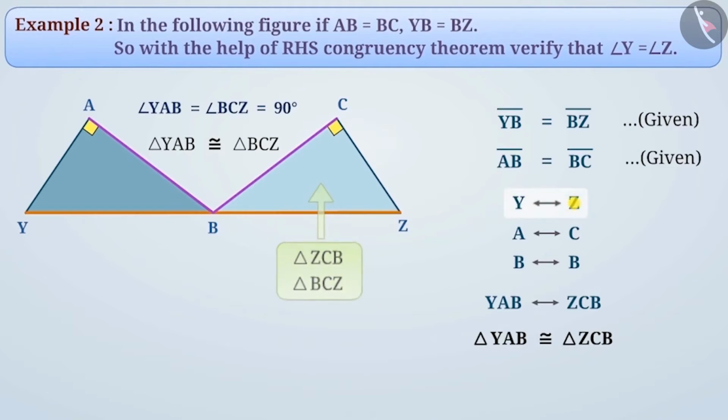Because vertex Y corresponds to vertex Z, we can say that angle Y and angle Z are corresponding angles.